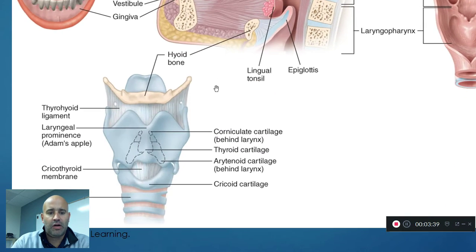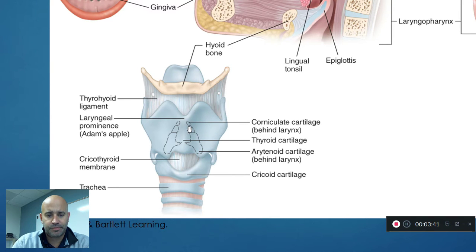All right, now on an anterior portion, superior to the trachea, a few structures here that we're going to learn a lot about and deal with a lot about when we get into respiratory. The first one is going to be your thyroid cartilage, cricoid cartilage, and then your cricothyroid membrane.